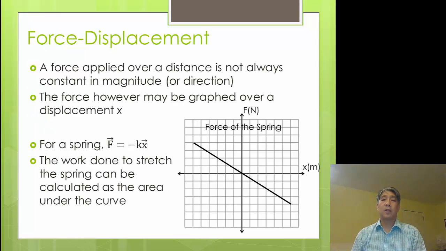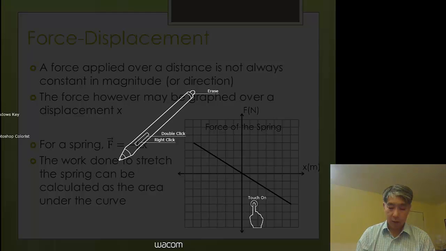Okay, first off, I want to look at the force displacement graph. Here we have the force displacement graph for a spring. If you remember, for a spring, the force is equal to minus kx.